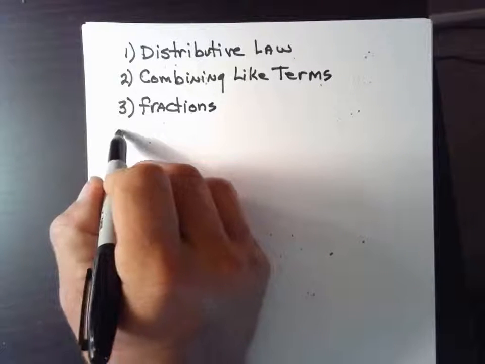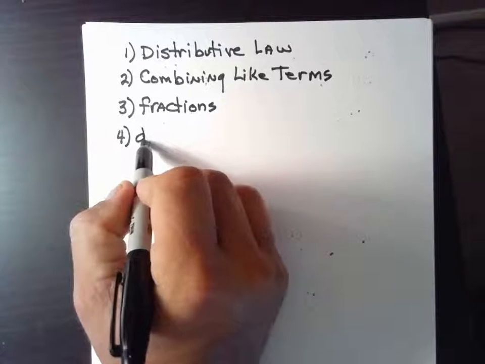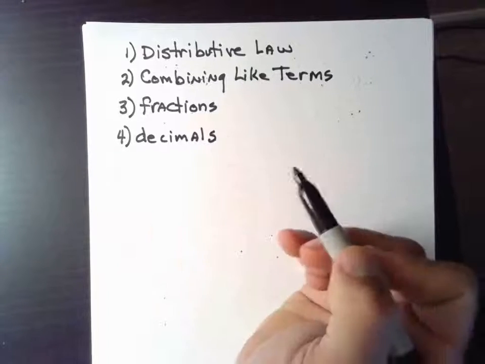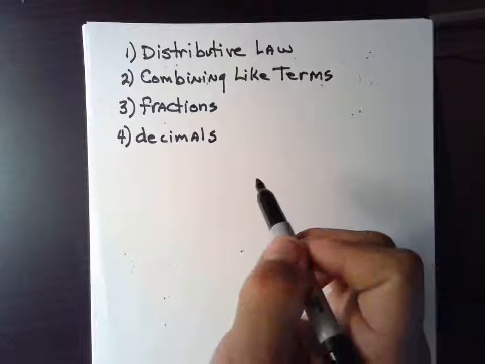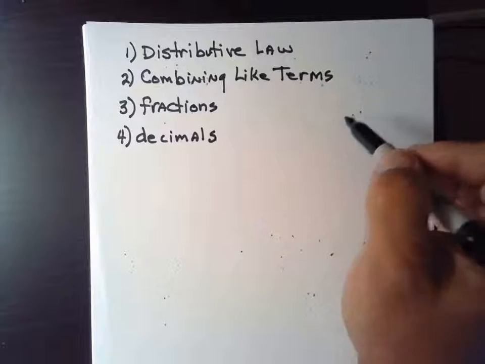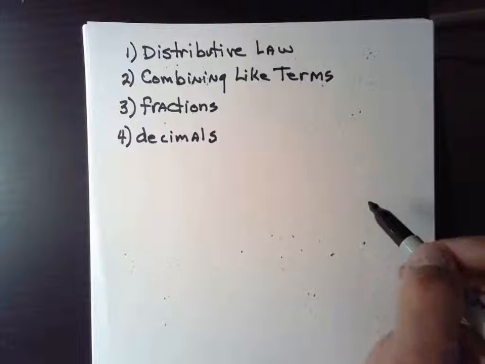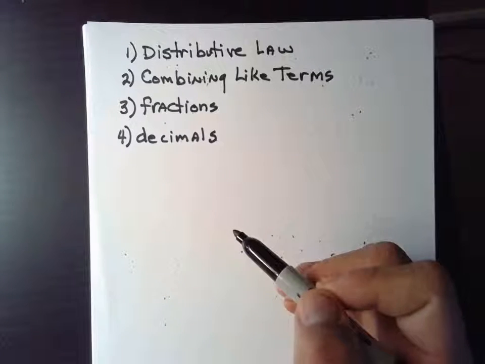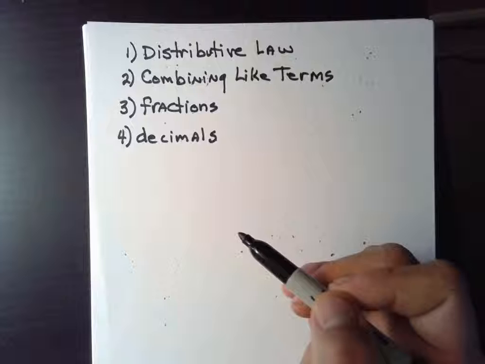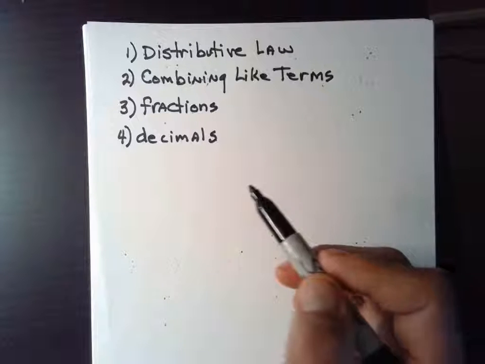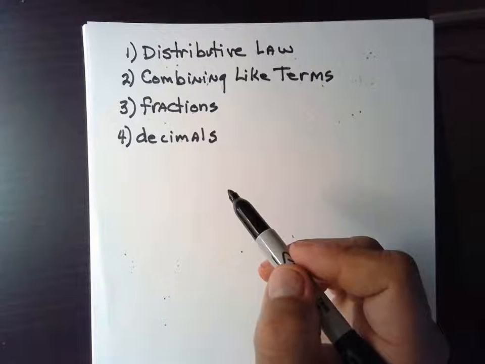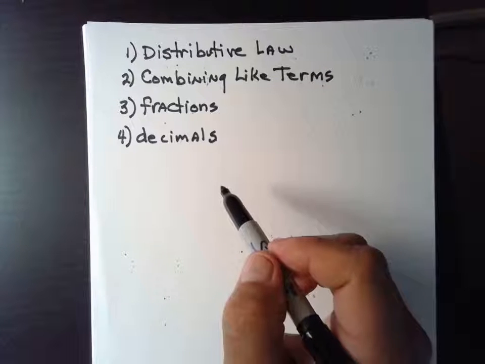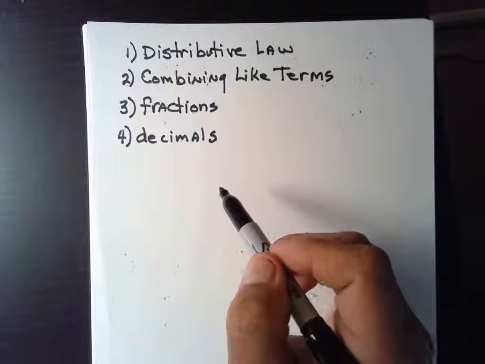And we're going to add decimals. And with each one of these, the student's confidence goes down each step. And this is where the student's confidence really takes a hit. So we're going to go through and talk about each one of these and then put them all together at the very end.